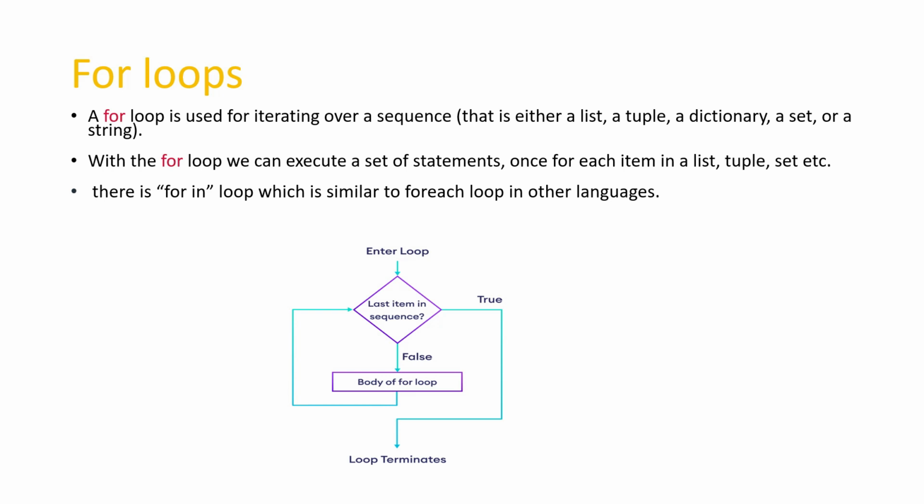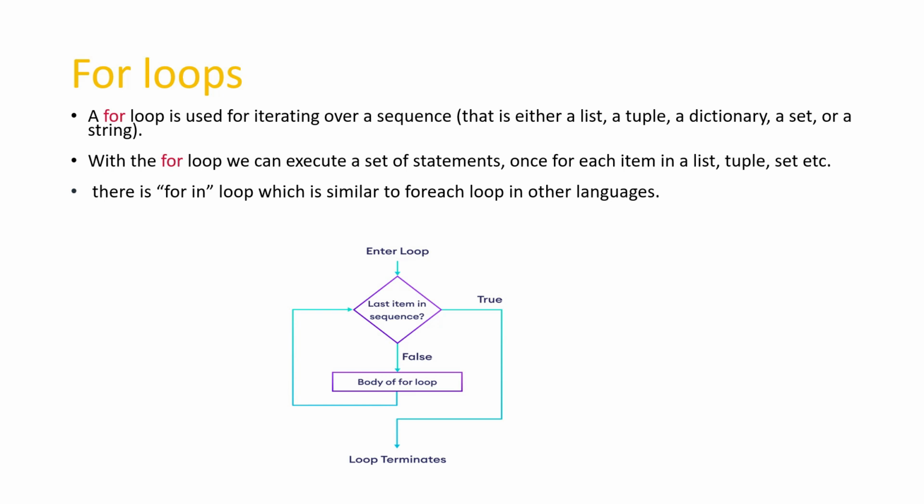What is true? When is it true? Whether list or string or some other sequence, when it reaches the end of the sequence. A string may have a set of characters. For the first character, it will enter into the first loop. For the second character, it will enter into the second loop.